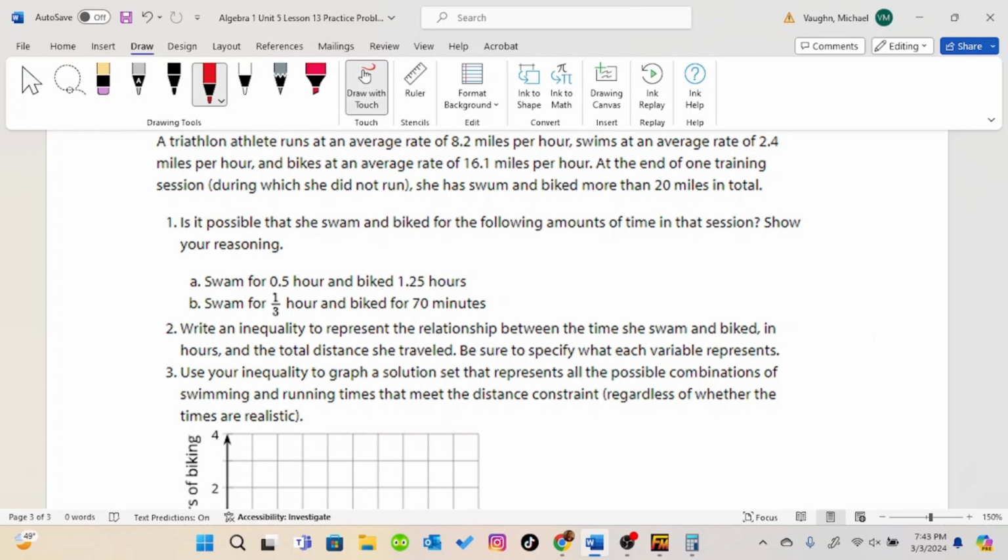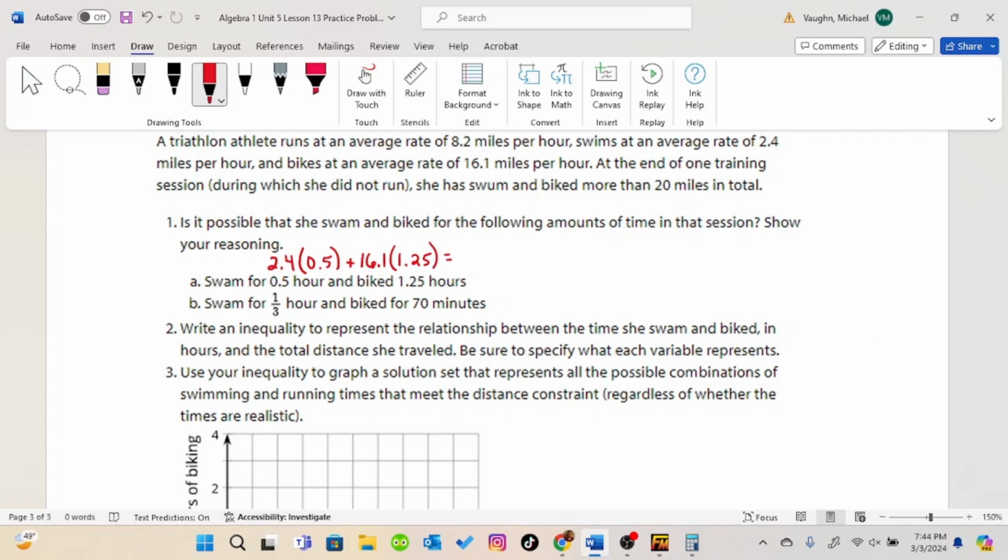So A, swam for 0.5 hours. Well, swimming is a rate of 2.4 miles per hour, and that would be multiplied by the 0.5 hours. Then we would add the biking. Biking at an average rate of 16.1 for a total of 1.25 hours.